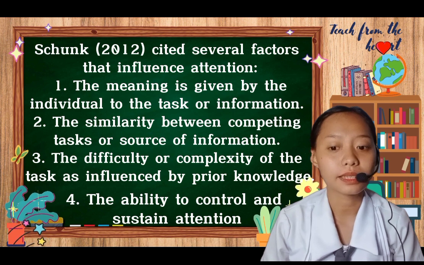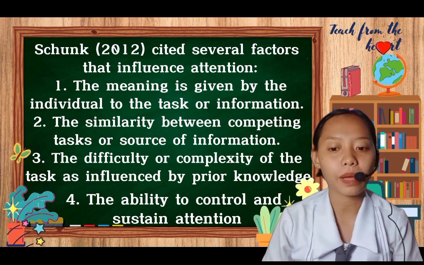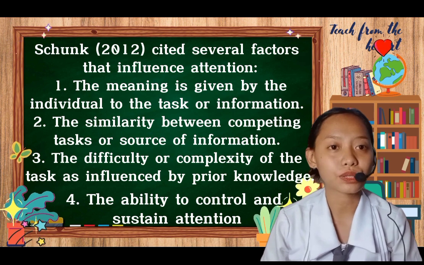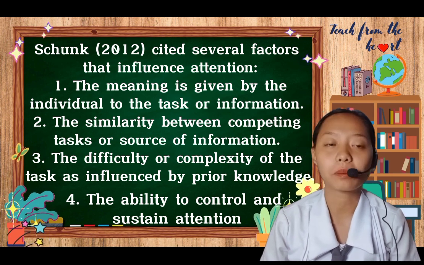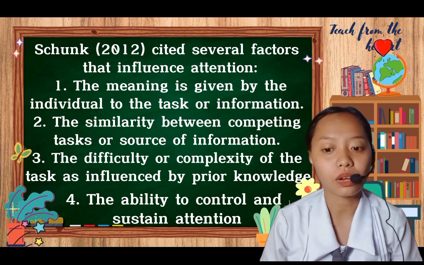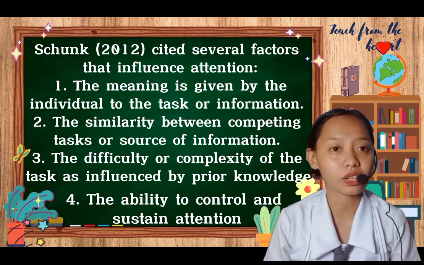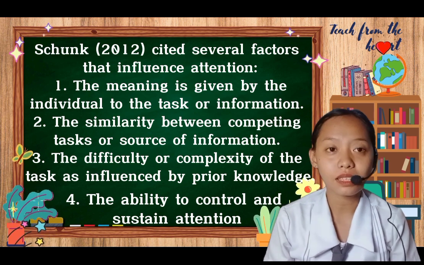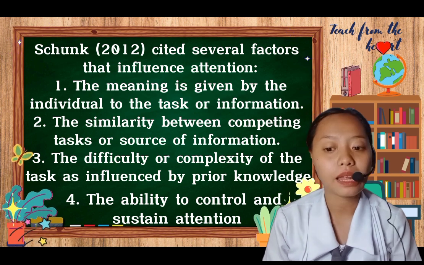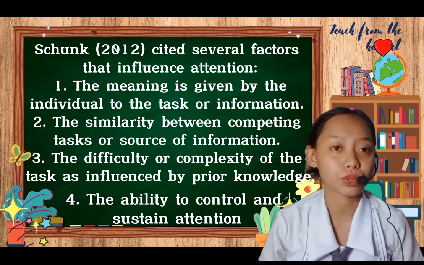Number two, the similarity between competing tasks or sources of information. Number three, the difficulty or complexity of the task as influenced by prior knowledge. And lastly, number four, the ability to control and sustain attention.